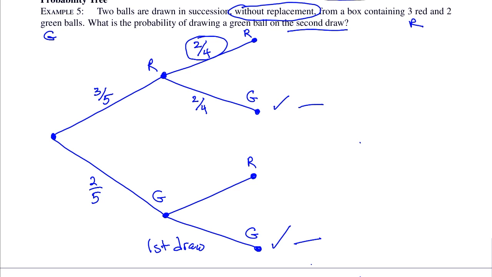Given that you drew a green ball on the first draw, what's the probability of getting a red ball for the second draw? So how many red balls are left in the box? 3. How many total balls? 4. Given that the first draw was green, what's the probability that the second draw is green? How many green balls are left in the box? 1.